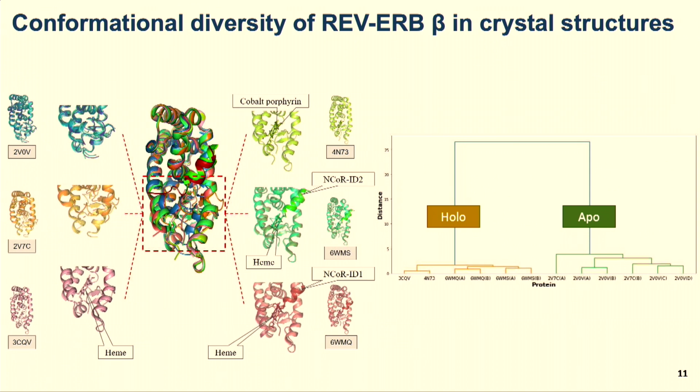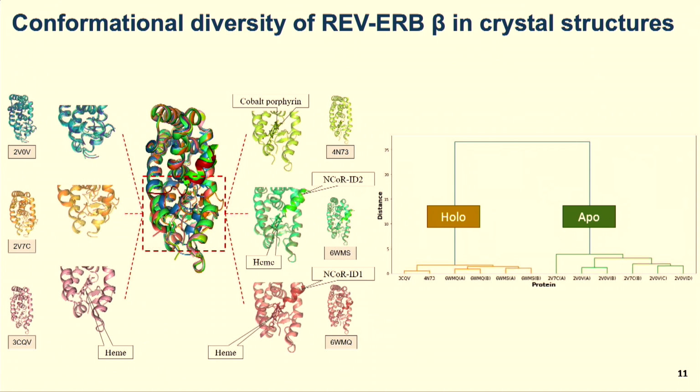And so what my student Shriyansh did, he took all of these structures and then just clustered them based on their RMSD. It's a very simple clustering which was done based on the RMSD of these different structures. And what you can very easily see is that all the holo structures, which are essentially bound structures, form a different cluster, and the apo structures form a different cluster, which essentially means that the binding pocket itself has enough conformational diversity in the apo and the bound state.